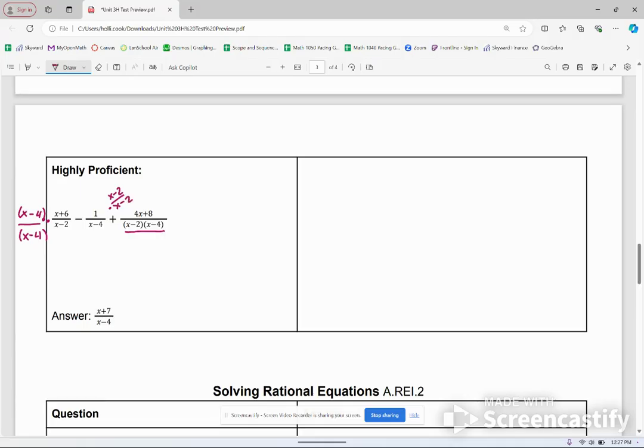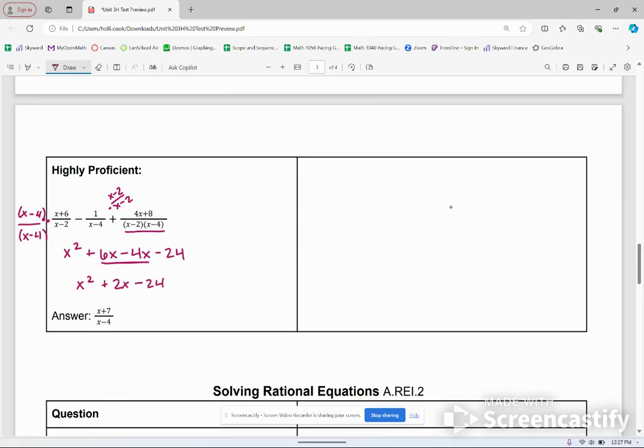So x minus 4 times x plus 6. We need to do our distributing, right? We get x times x is x squared plus 6x minus 4x. Negative 4 times 6 is negative 24. We can combine those two, so that'd be plus 2x.